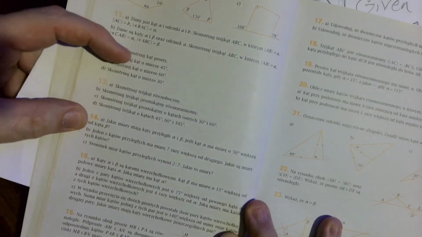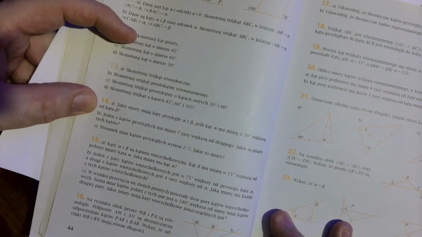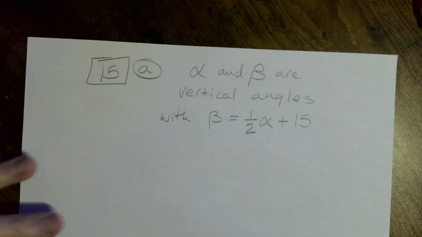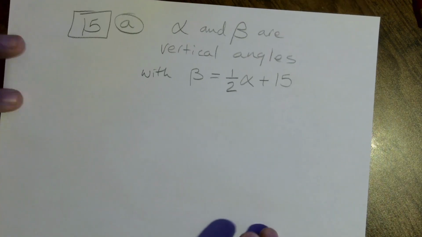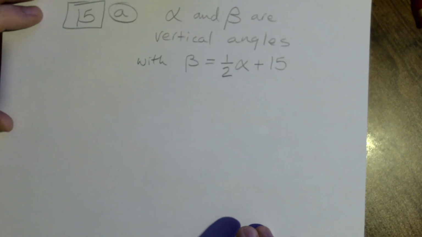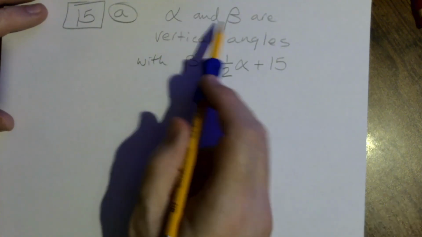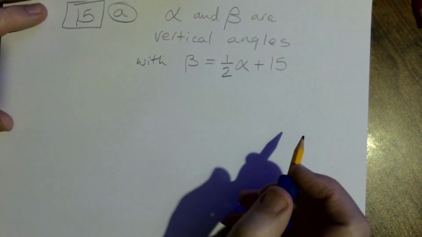We're doing 15. Okay, here we are, 15A. It says angles alpha and beta are vertical angles.